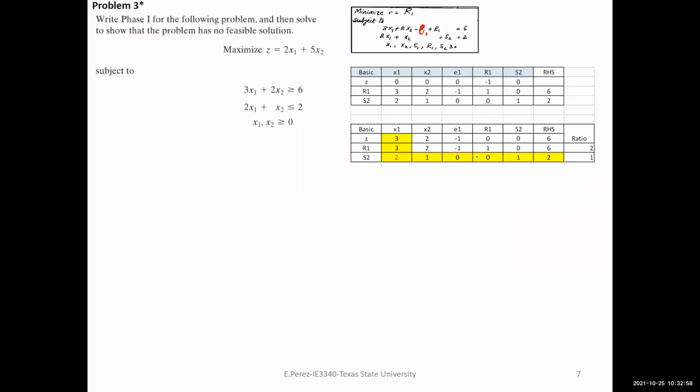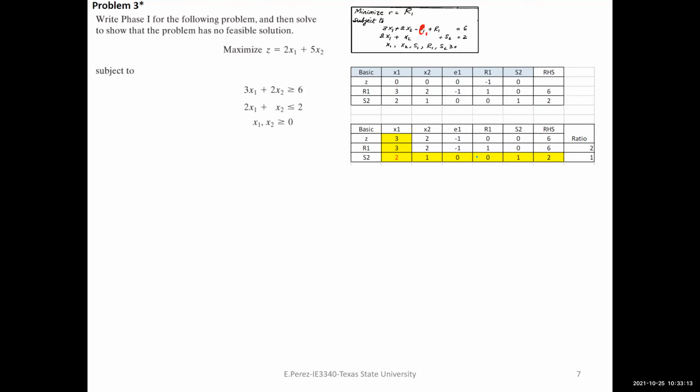So this is problem 3. It's asking you to write phase 1 for the following problem and then solve to show that the problem has no feasible solution. Okay, so we have the formulation here at the top. We add the artificial variable for the first constraint. We don't need an artificial variable for the second constraint.